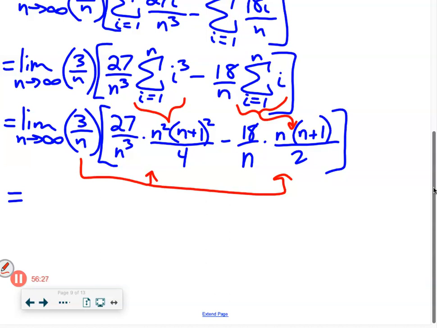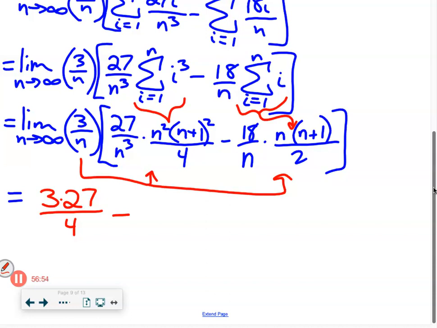The leading coefficients would be whatever number is times your n to the 4th on top, and whatever number is times your n to the 4th on the bottom. So without actually multiplying it out, you have something times something on top. What have you got? 3 times 27 over 4, minus.